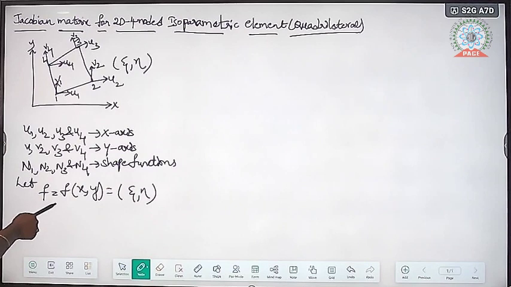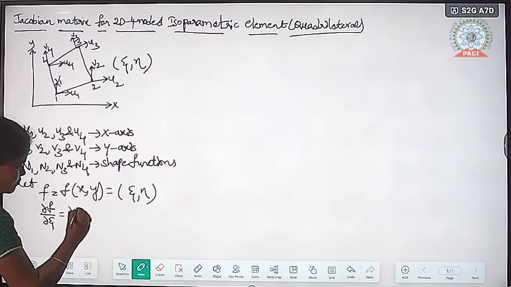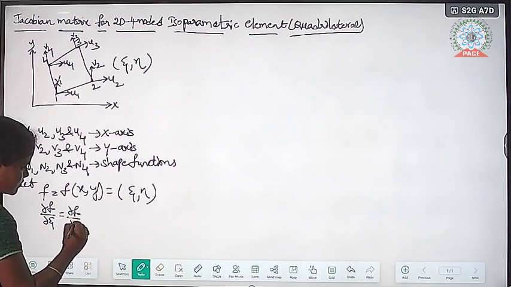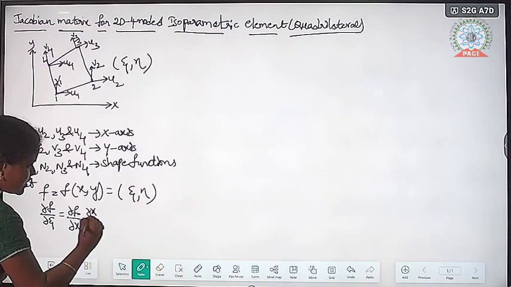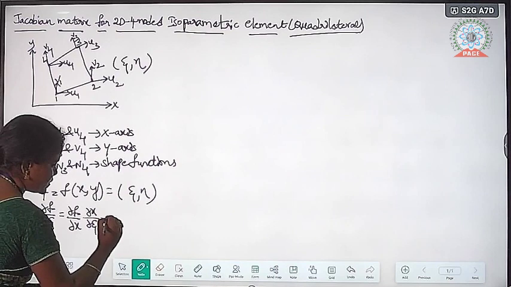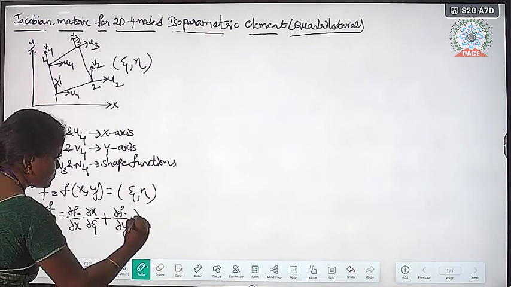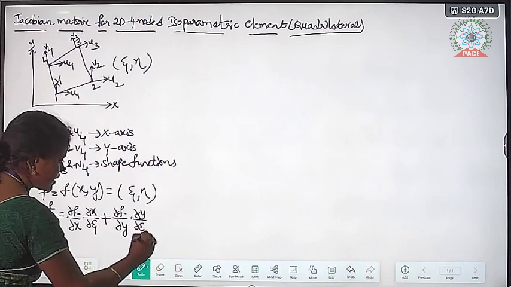For f of x comma y, we have to take partial derivatives. So dou f by dou xi is equal to dou f by dou x into dou x by dou xi plus dou f by dou y into dou y by dou xi.